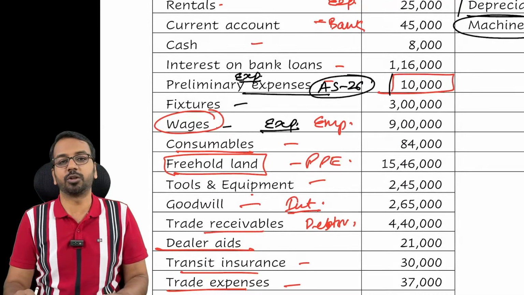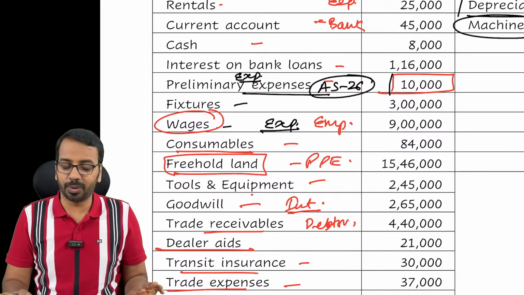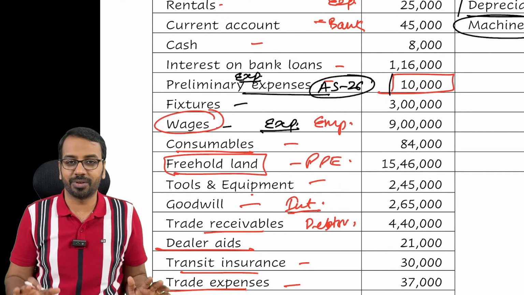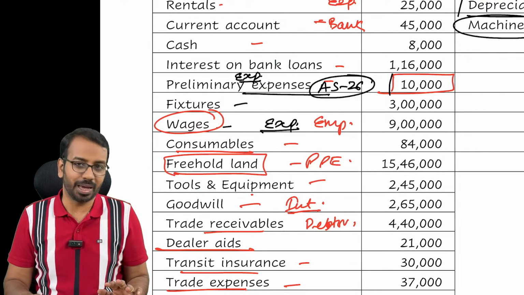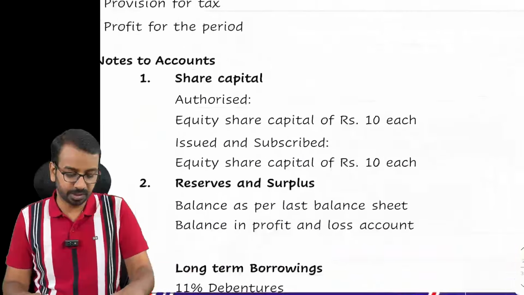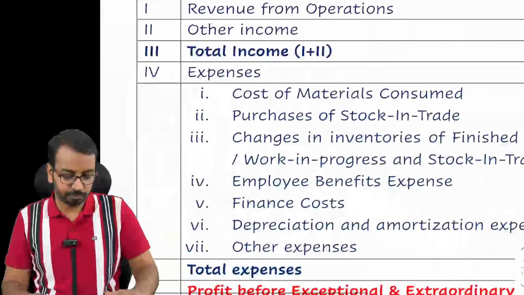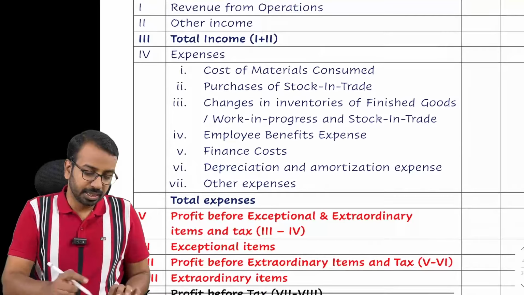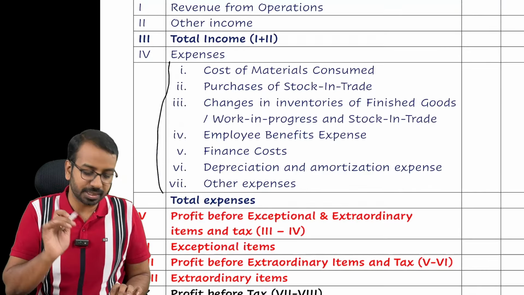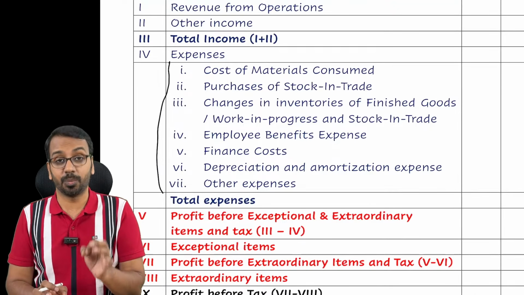On fixtures, we need to provide. See, they have not given us the information. If they have not given us the information, with whatever information that is available, we will prepare the P&L and balance sheet. All right. Then, these are the various heads of expenses where we will classify all the expenditure. So that classification is important.